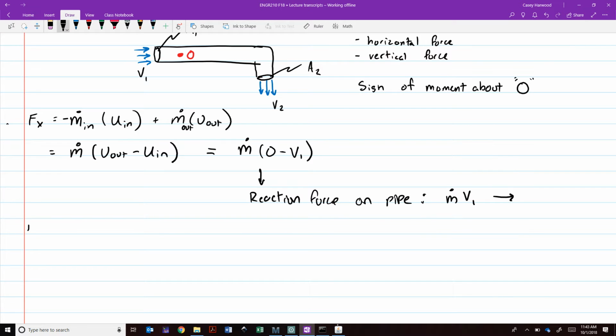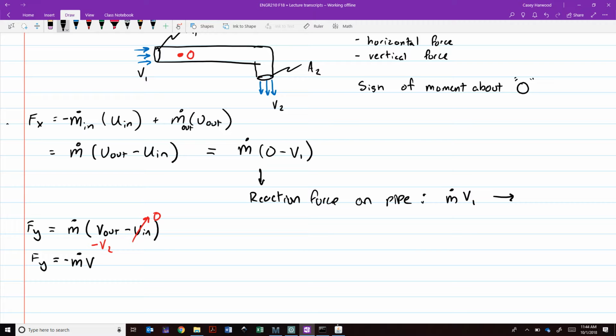Similar thing for the y component. We'd end up with m dot times v out minus v in, the y components of the velocities. The y component of the velocity going in is 0. The y component of the velocity coming out is v2, or sorry, this would be negative v2 because it's directed downward.